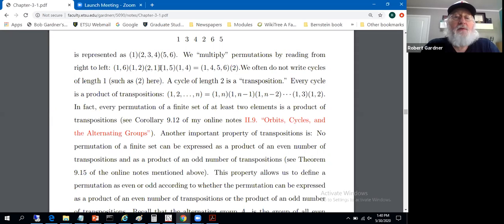In fact, if you eliminate these two, you'd get exactly the same result. What this is performing is this interchanges 1 and 2, and this swaps them back. So really, these two transpositions multiply to give an identity. So we could actually eliminate those and we get the same permutation.